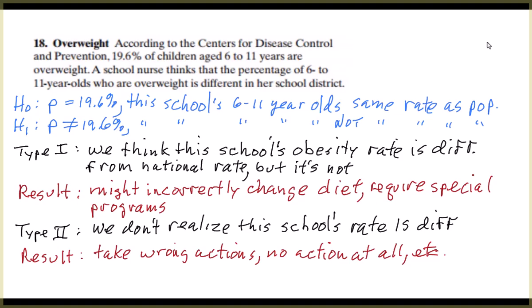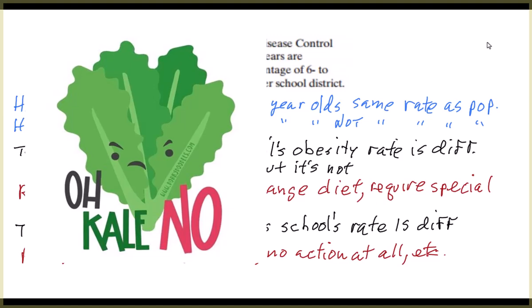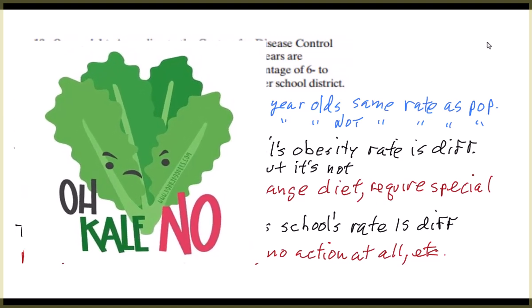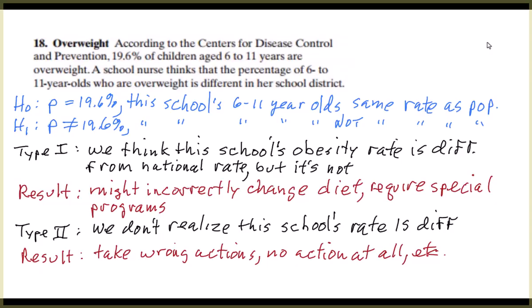We might start feeding them kale for lunch or something drastic, to get their weight down. What a torture. Or what if our kids have a higher percentage of obesity? We might go, hey, keep that pizza coming. It's not hurting anything.